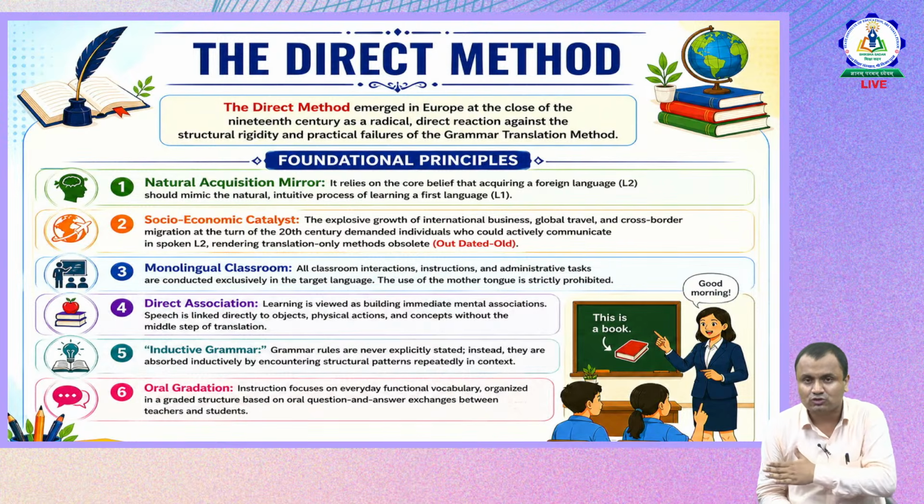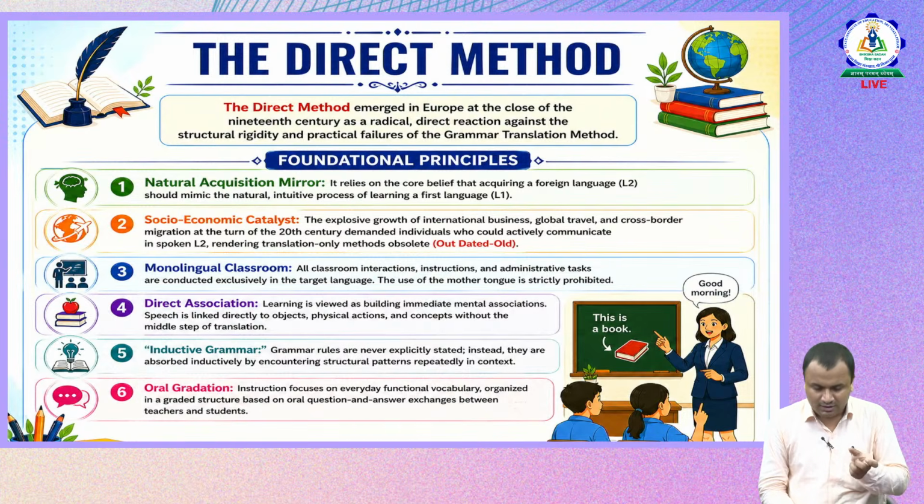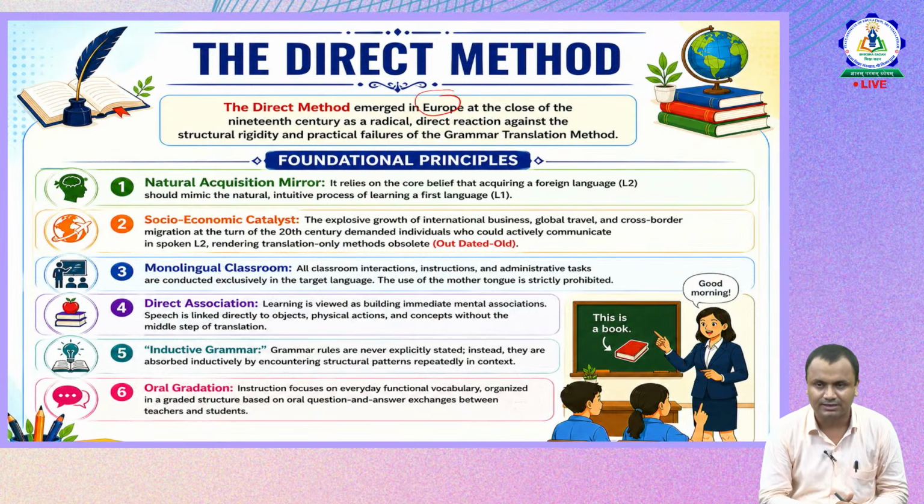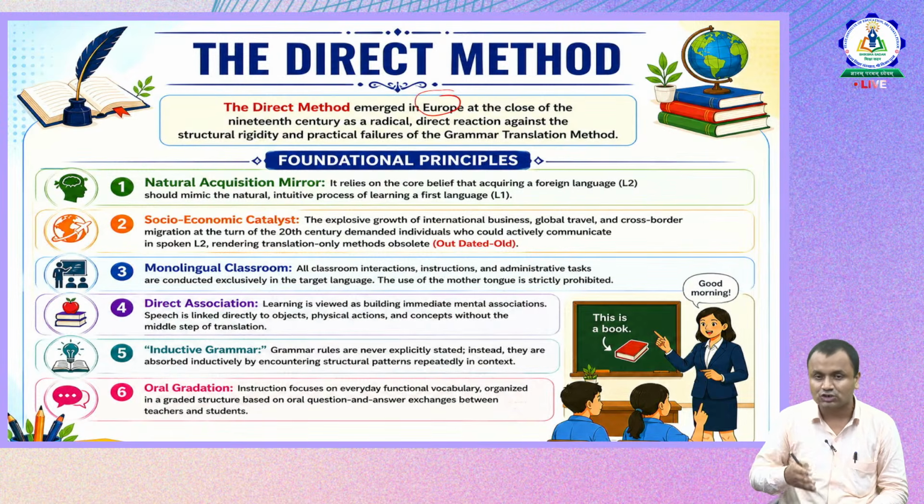So when we shifted to the direct method, that particular drawback of the grammar translation method was taken care of. It emerged in Europe in the 19th century against the grammar translation method. When it emerged as the opposition of grammar translation method, definitely it will have features which are exactly opposite to the GTM.